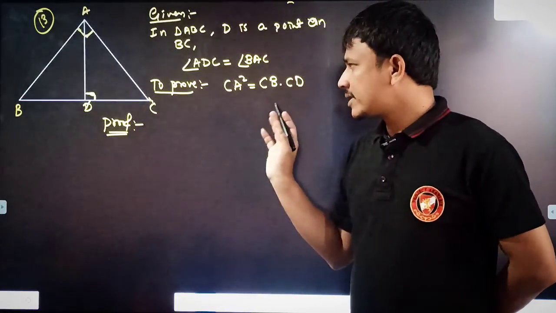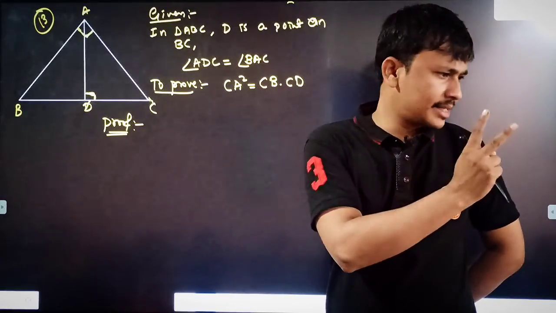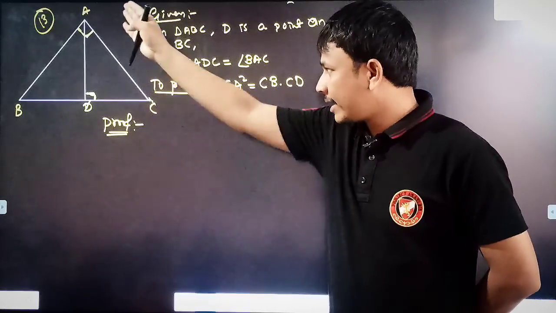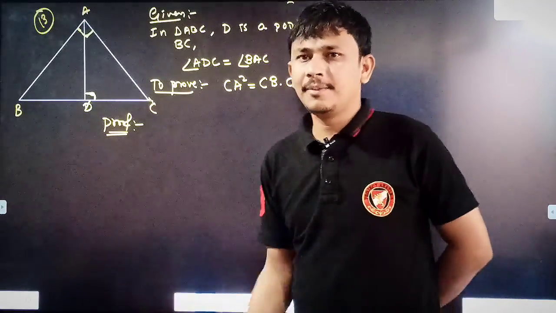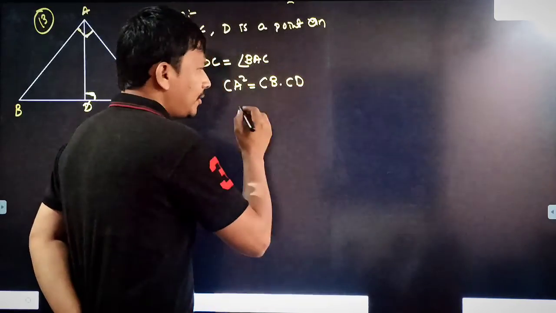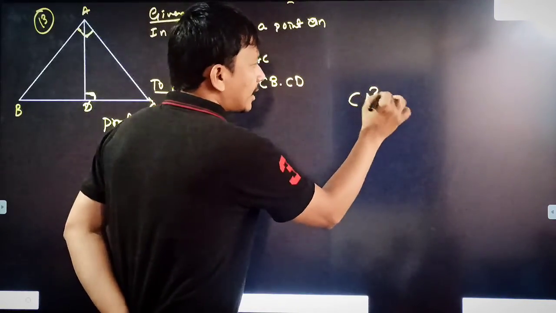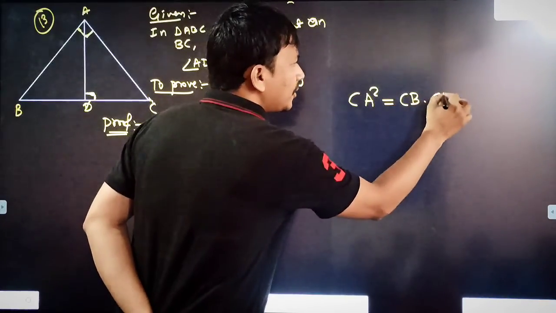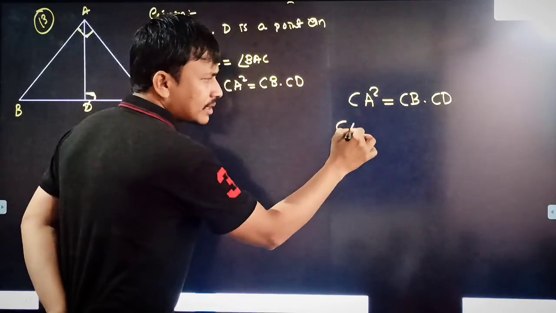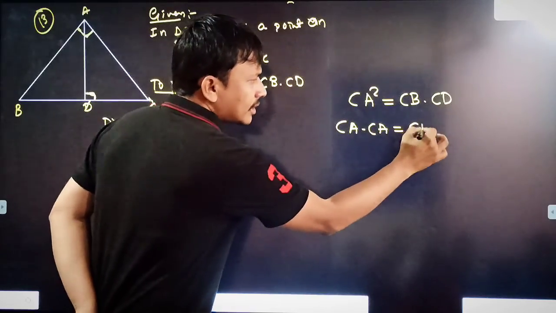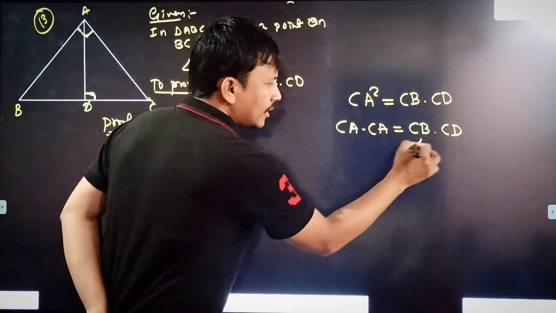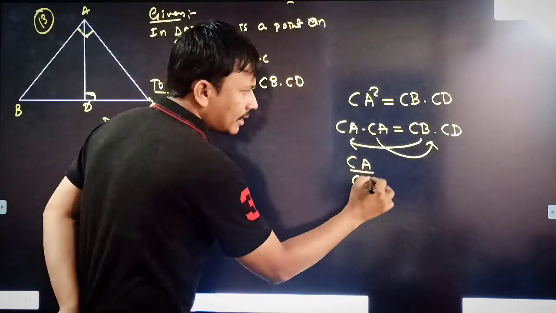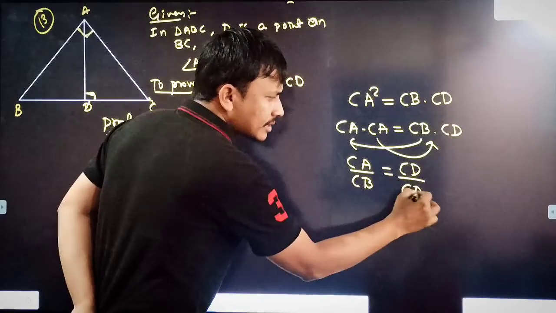To prove this, we need to take two triangles, but there are three triangles: triangle ABC, triangle ADC and triangle ADB. CA square can be written as CA into CA is equal to CB into CD. Then CA divided by CB is equal to CD divided by CA.